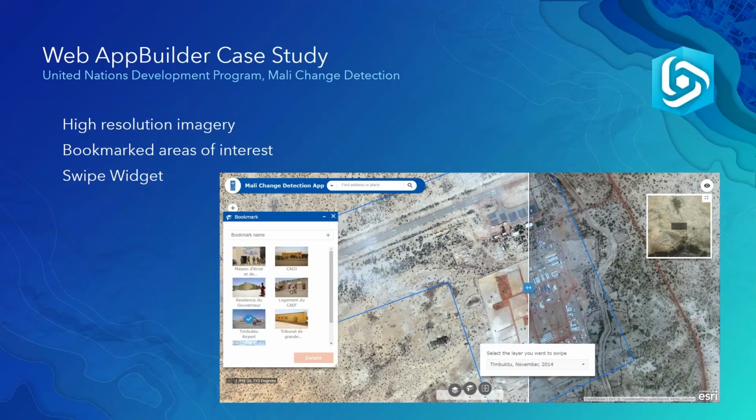This is a really simple example of a Web App Builder application that used satellite imagery from Mali, provided by Digital Globe. It basically gives a look at the area of Timbuktu before and after the projects that they were implementing took place. It's really simple.